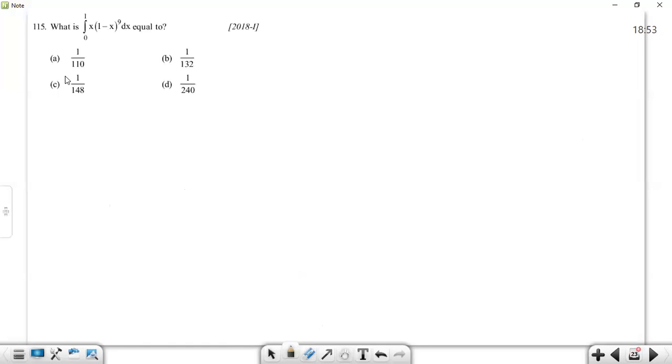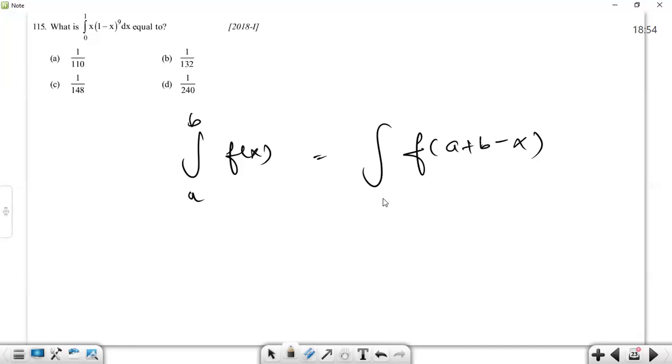Now in this question, the given form is a little complex for us to substitute. So we have to use a property. The property is f of x, when it is like this, we can simply change the variable to a plus b minus x. And why are we doing so?